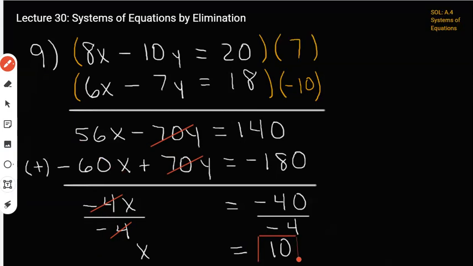I'll put a box around 10. So I know what x is. Now I need to figure out what y is. But that's pretty simple. All you got to do is plug back in, right?